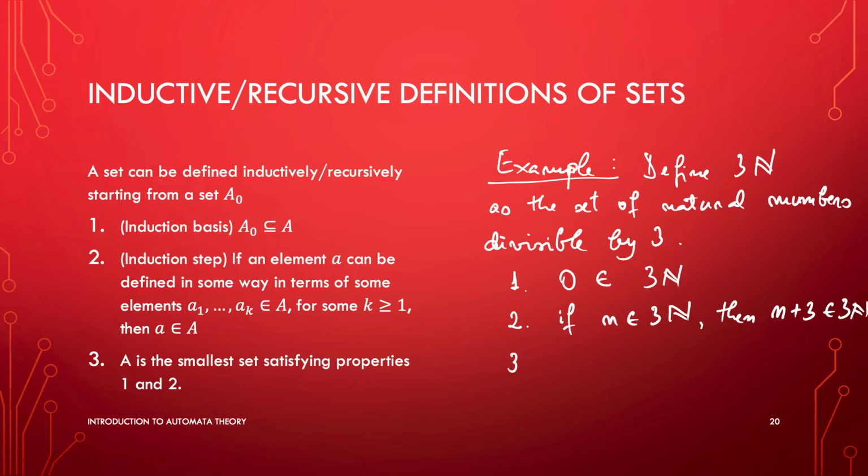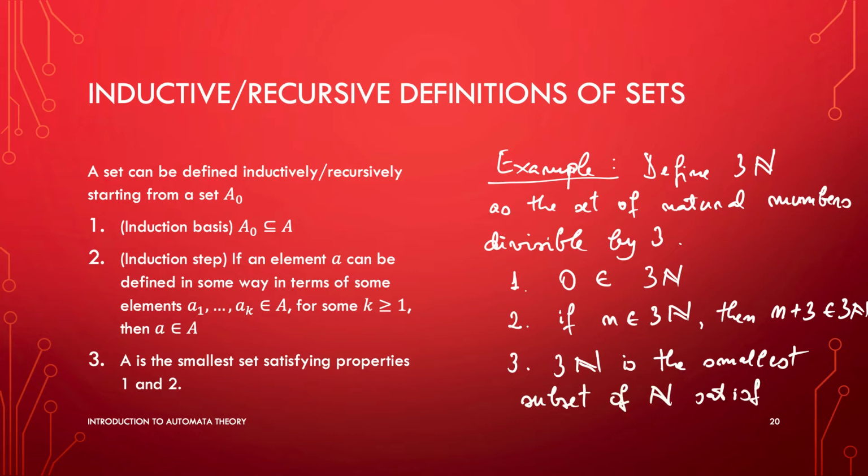And obviously I'm going to say, just like we will always say for recursive definitions, that 3N is the smallest subset of N satisfying 1 and 2.